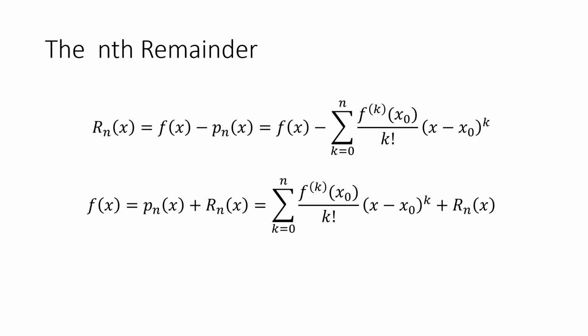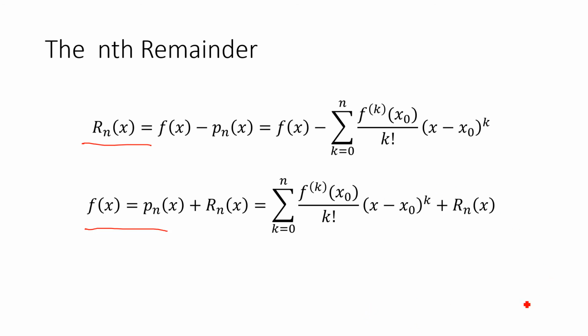So this r sub n of x is called the nth remainder of the Taylor series of f, and the second formula is called Taylor's formula with remainder.